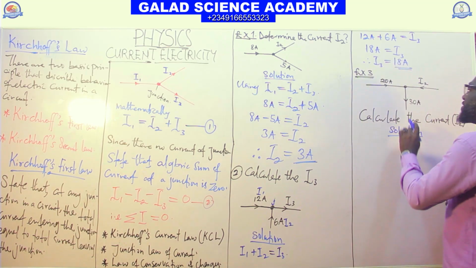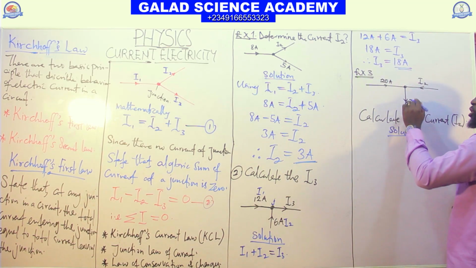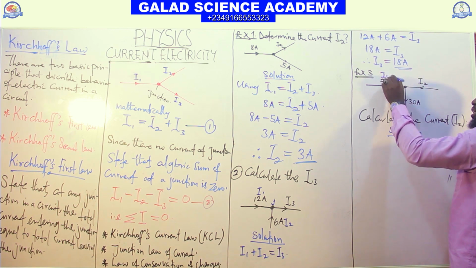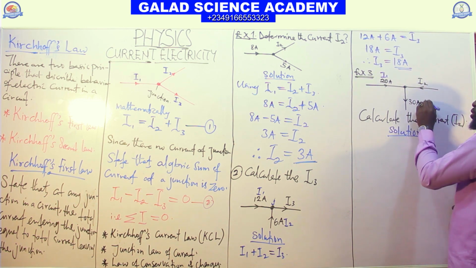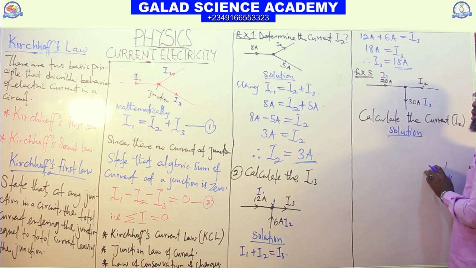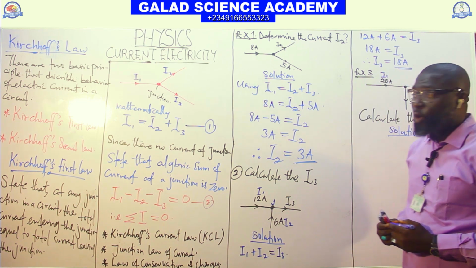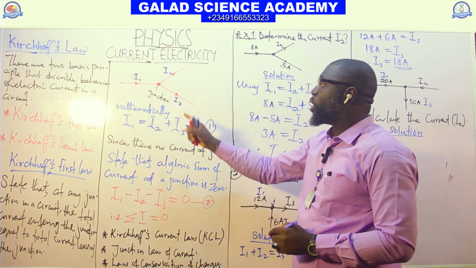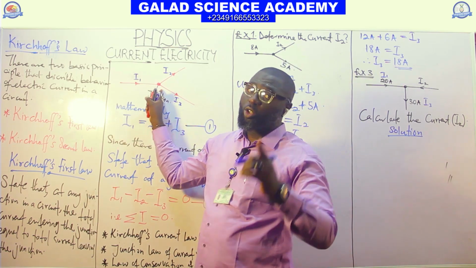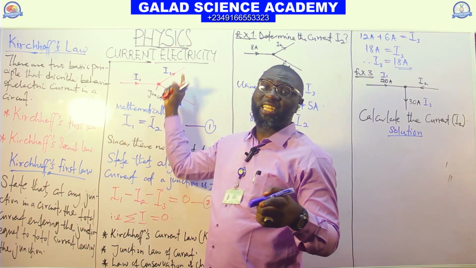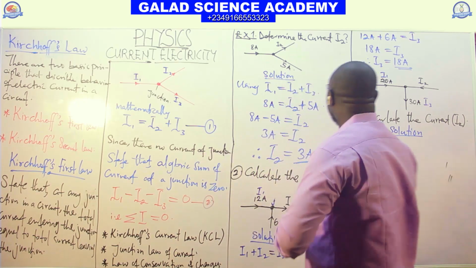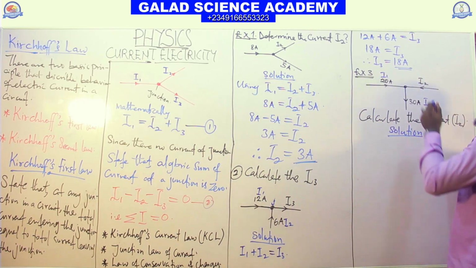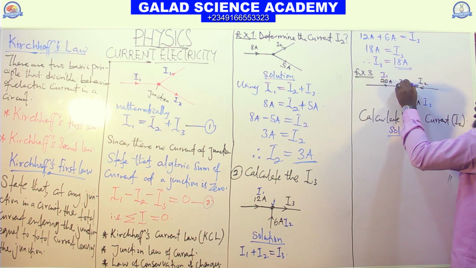We have 3 currents here. Let's call this one I1, this one I2, and here I3. This is the junction, B.